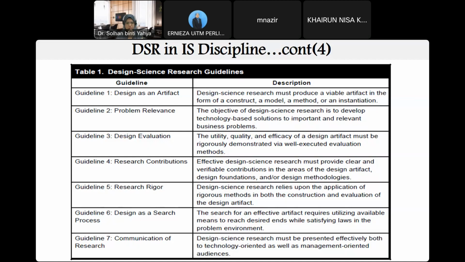But in Malaysia, probably menongkah arus, but in design science it is allowed as long as there is a knowledge contribution that can be claimed into the body of knowledge. So the research contribution is about effective design science research must provide clear and verifiable contributions in the area of design artifact, design foundation, and design methodology.